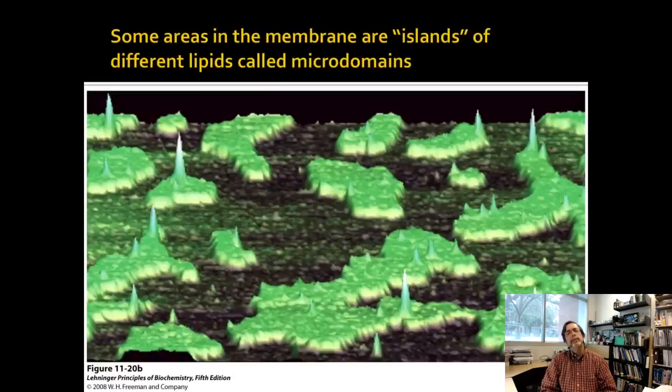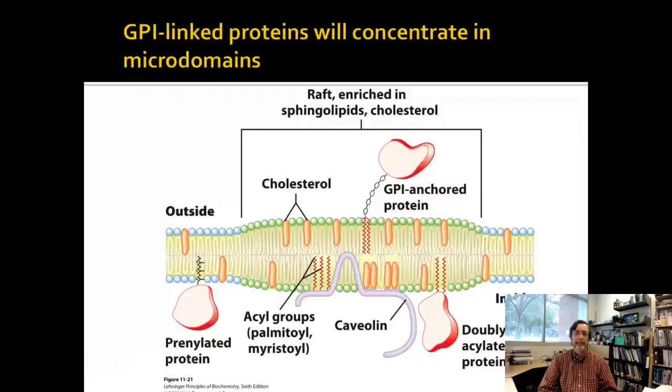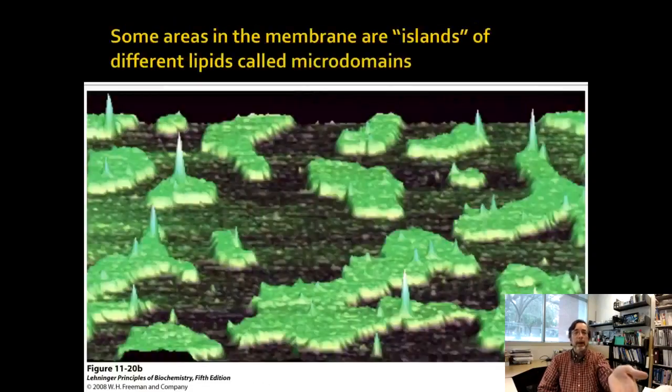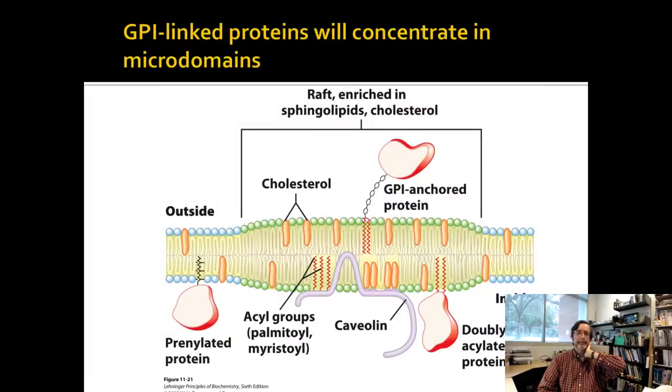And so just remember, it's not always about proteins. You can have thick regions of sphingolipids. They sort of fit well together, so they form what are called microdomains or lipid rafts. And you can see actually they are thicker. They are little islands that are sort of jutting out of the cell membrane. This is a microscopy picture of the surface of a membrane right here.